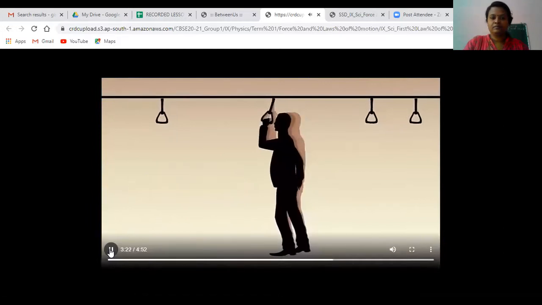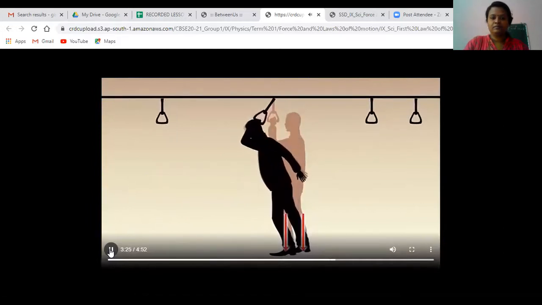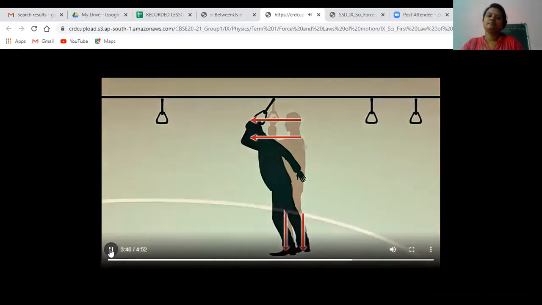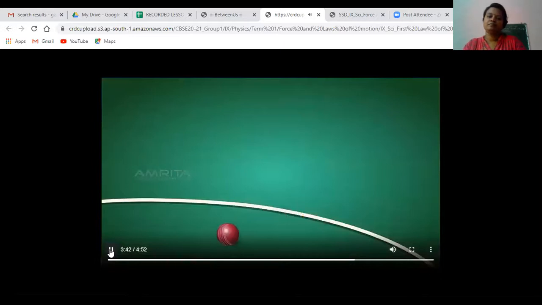A sudden halt causes the lower part of the passenger's body that is in contact with the bus to come to rest. However, the upper portion of the body remains in the state of motion due to the inertia of motion, causing the passenger to fall forward when the bus stops suddenly. Inertia of motion is a tendency of a body to resist a change in its state of uniform motion.